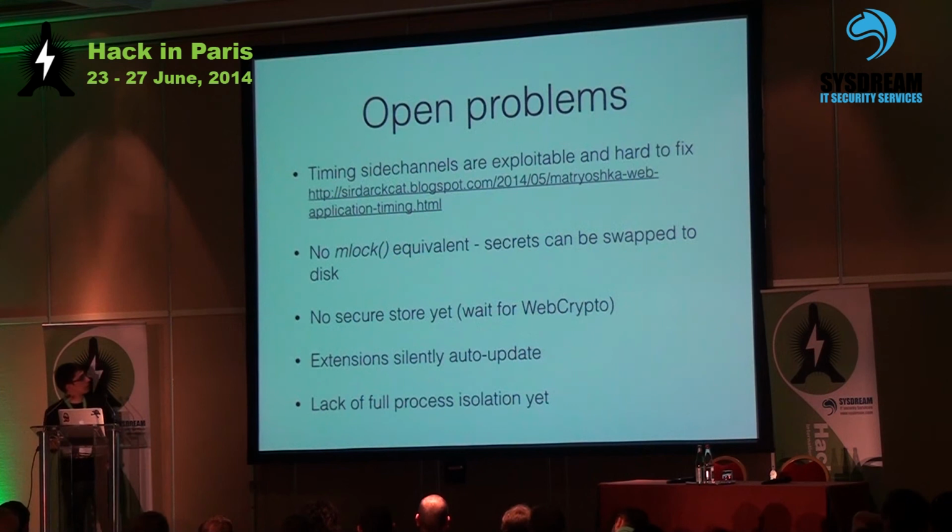We also don't have an mlock equivalent. Mlock protects secrets from being swapped out to disk. We don't have that in JavaScript, so your secrets can always end up on disk under memory stress. We don't yet have a secure store. We have to wait for WebCrypto to deliver it. There's a specification, but the implementation is, I would say, progressing pretty slowly.